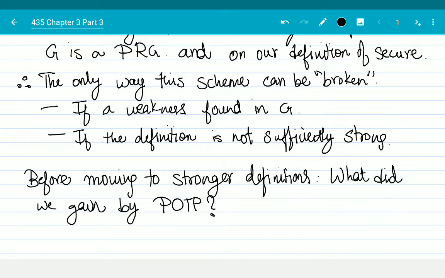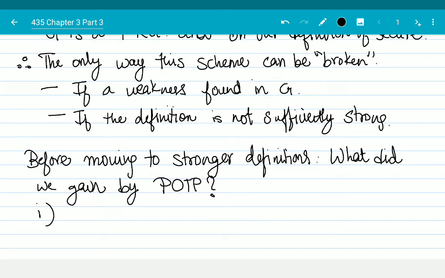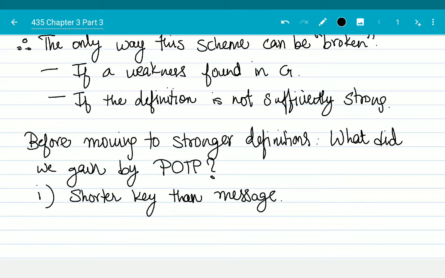The first biggest thing we gained is that the pseudo OTP has a shorter key than the message. We had seen a theorem in chapter 2 that said you can never have a key space which is smaller than your message space, or your system is never going to be secure.